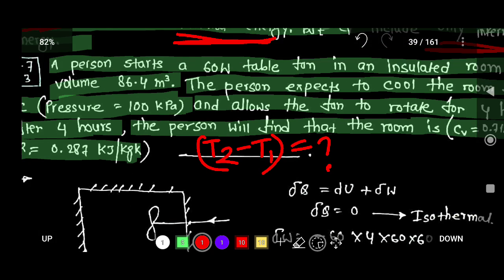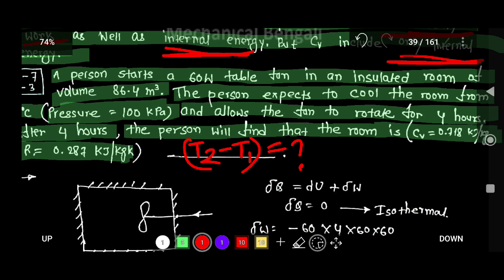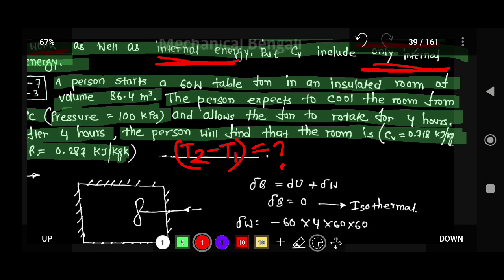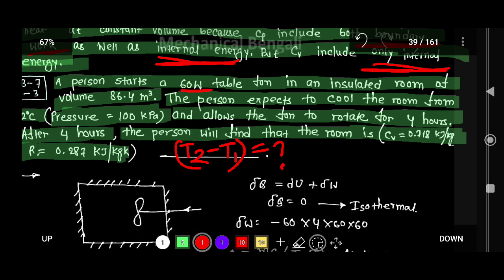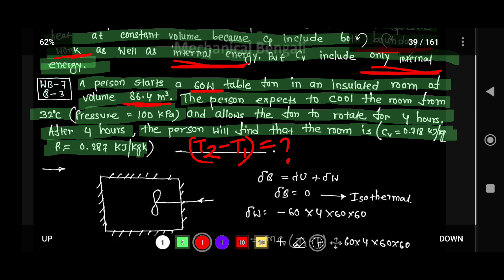So first of all, what is given in the question? Here a person starts a 60 watt table fan. So here there is a 60 watt table fan in an insulated room of volume 84.6 meter cube. The person expects to cool the room from 32 degrees Celsius.